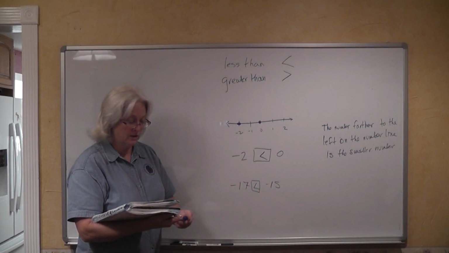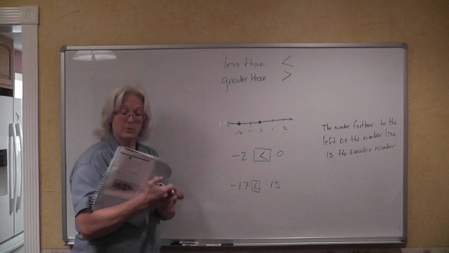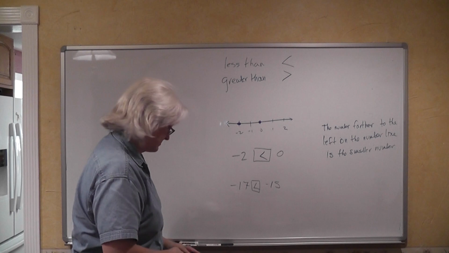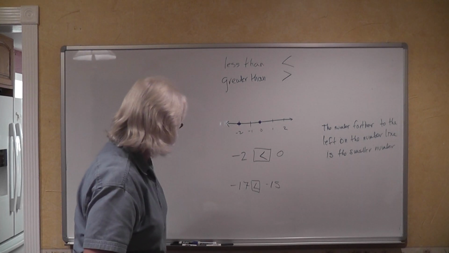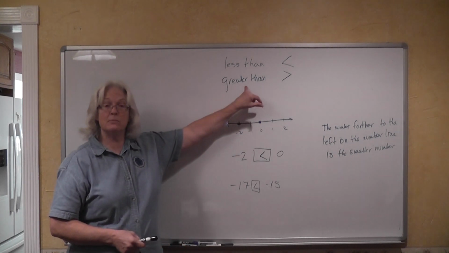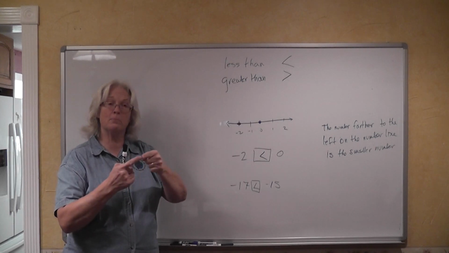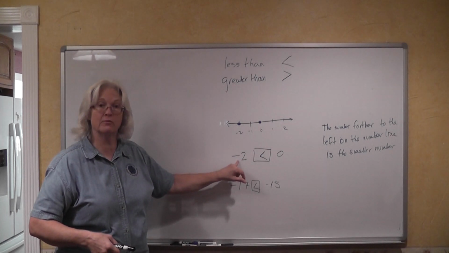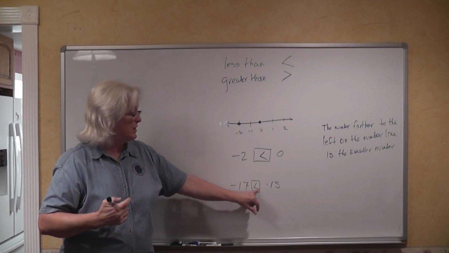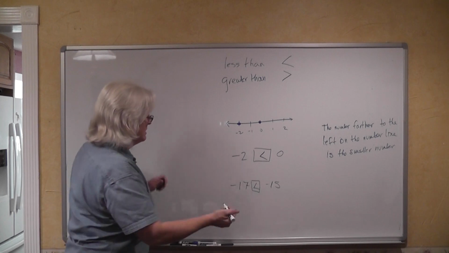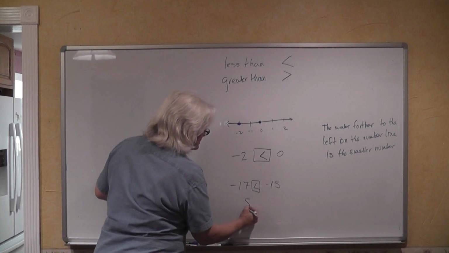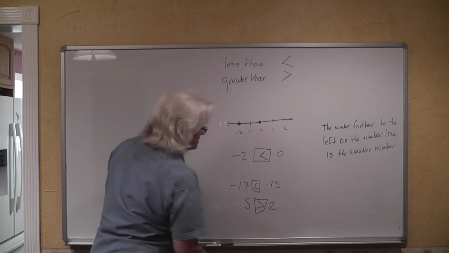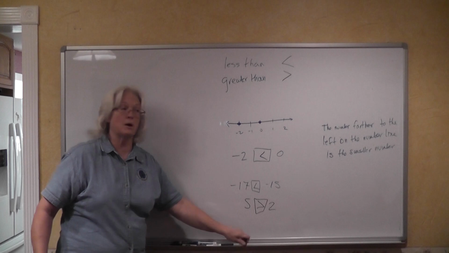And one thing that you can do to help you remember which way these inequality symbols are going is you put the point facing the smaller number. The point here faces this -2 because it's smaller. The point faces the -17 because it is smaller. The point faces the 2 because it's the smaller number.